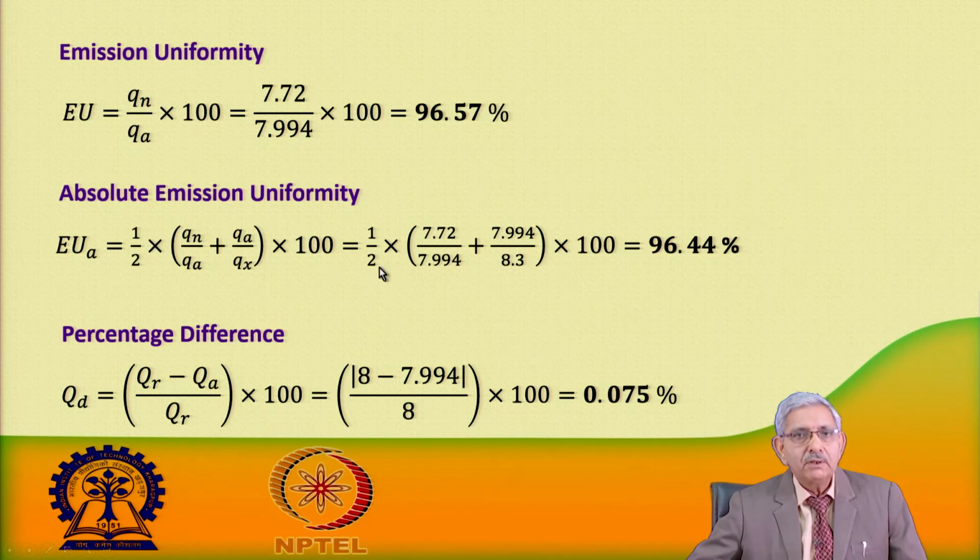Absolute uniformity, emission uniformity. We already got the Q n, this is Q n by Q A. So, 7.72, and 7.994 is the average value, and then this is the average divided by the highest 1/8.